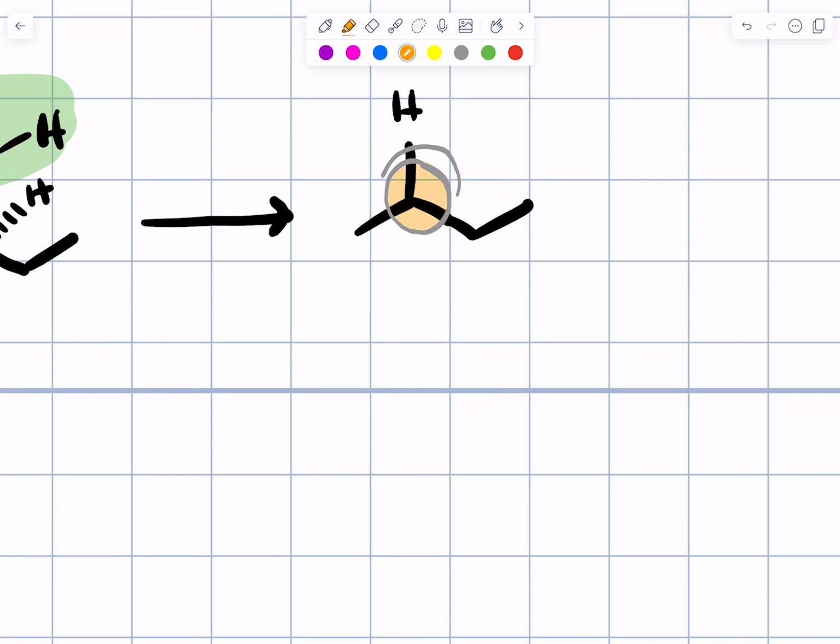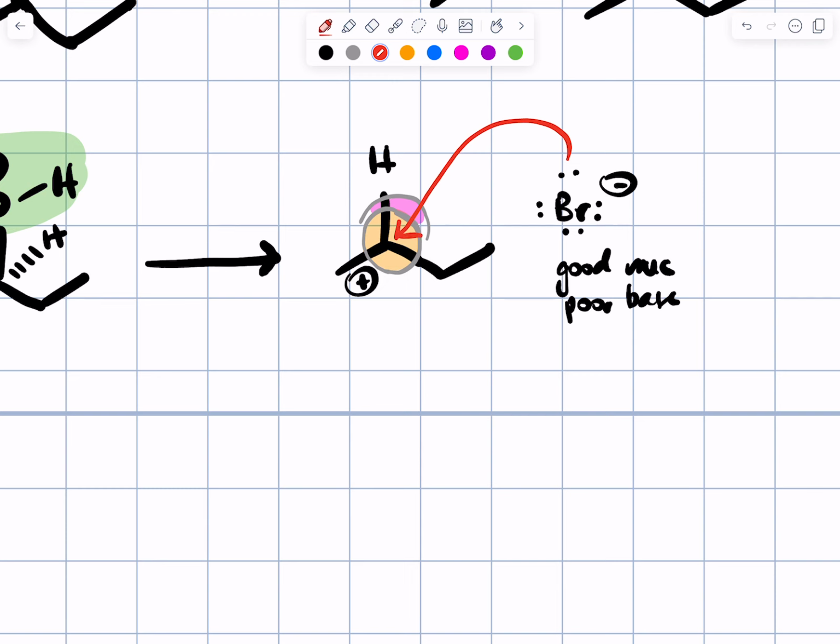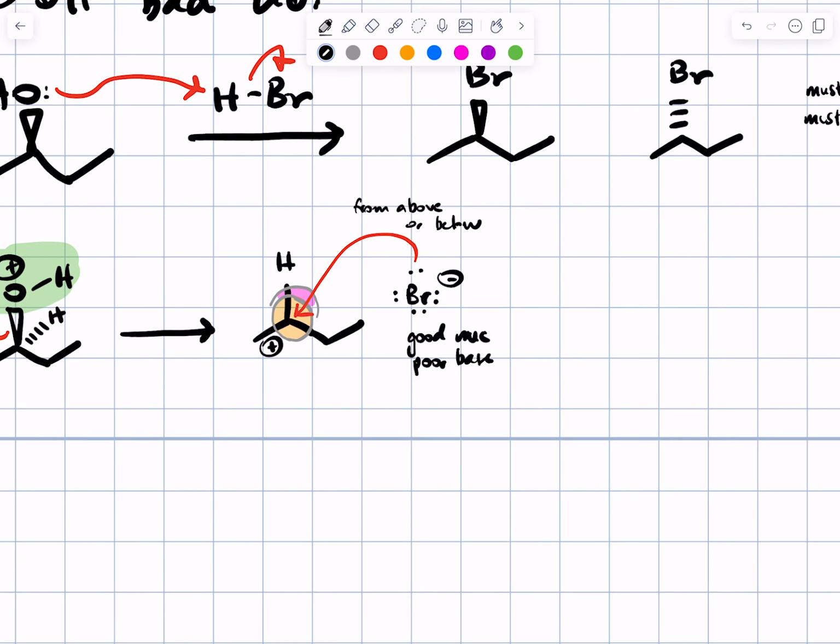So the empty p orbital would be coming out toward us and then going back into the plane of the page, evenly spaced on both sides of the carbocationic intermediate, so that in the next step, when Br minus, which is again going to be on our list of things that are good nucleophiles but poor bases, encounters this carbocation, it can attack either from above or below. And that will give us these two products.